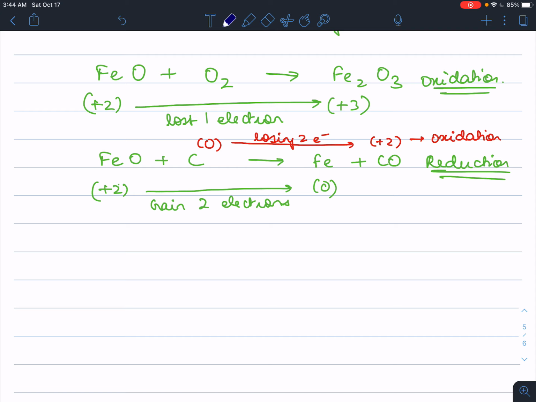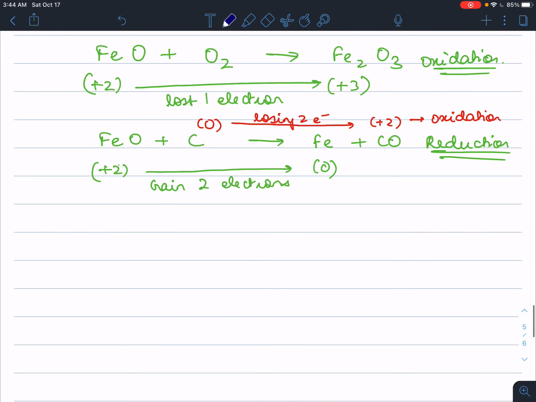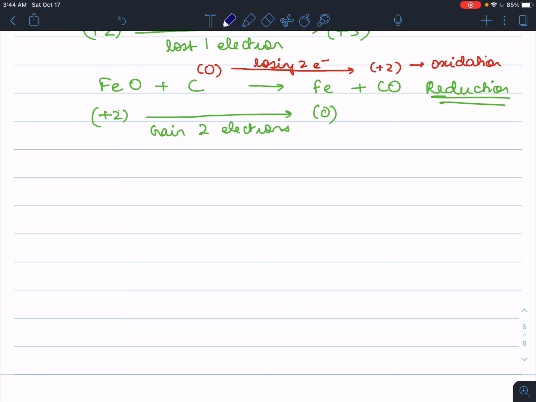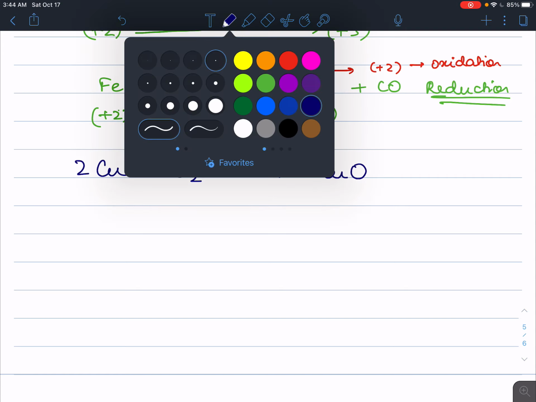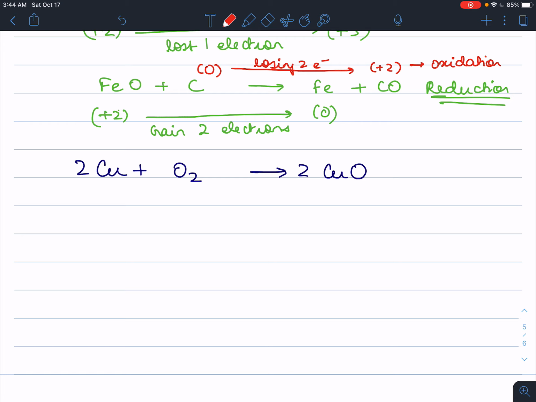So that is why these reactions are called redox reactions. Another good example for this would be copper: Cu plus O2 gives CuO. Let's balance this. Let us look at the number of electrons that copper has.